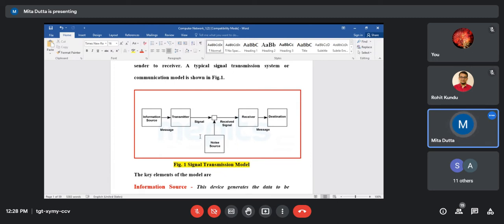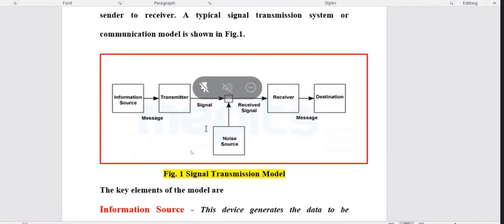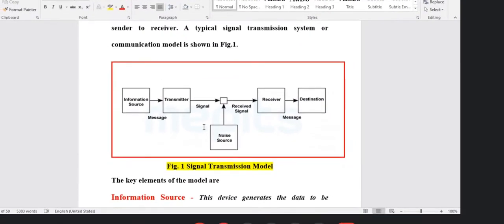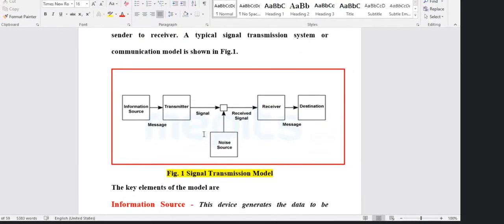In amplitude modulation we simply change the amplitude of the carrier signal to send the information. So the information lies in the amplitude of the carrier signal.